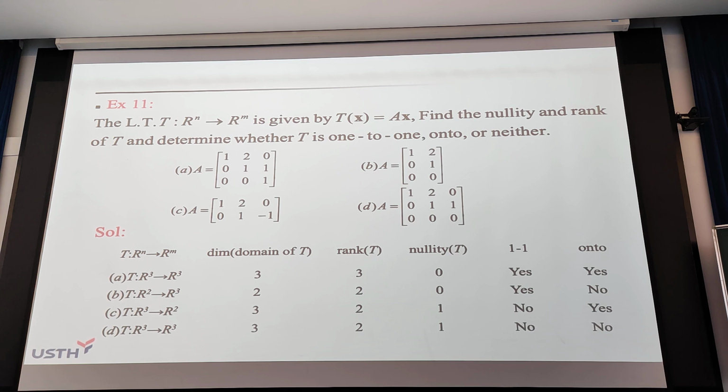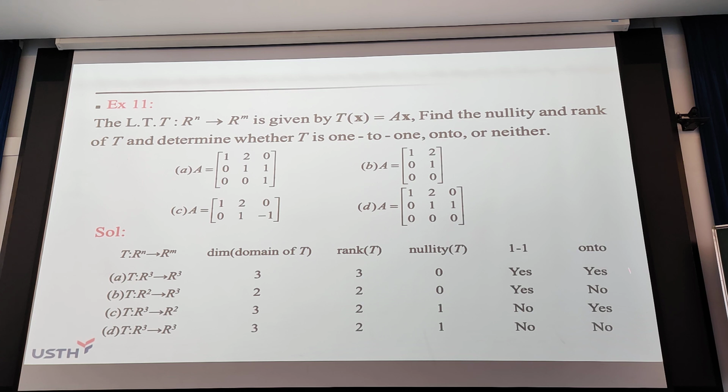Now, one-to-one. A linear transformation will be one-to-one if and only if the kernel consists of only the zero vector. It means that the kernel will have dimension 0. Then the case A and the case B will be one-to-one, and the cases C and D are not one-to-one.